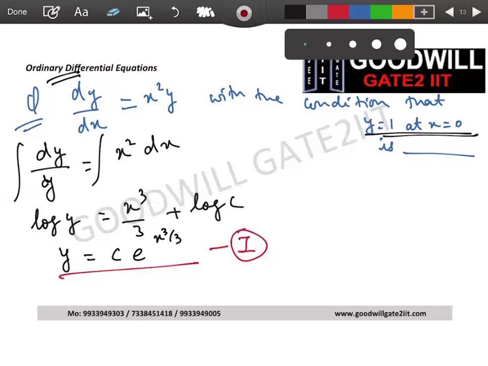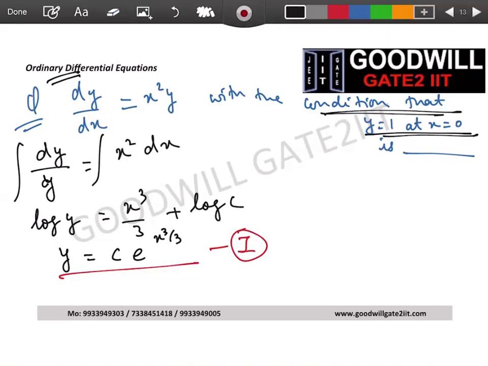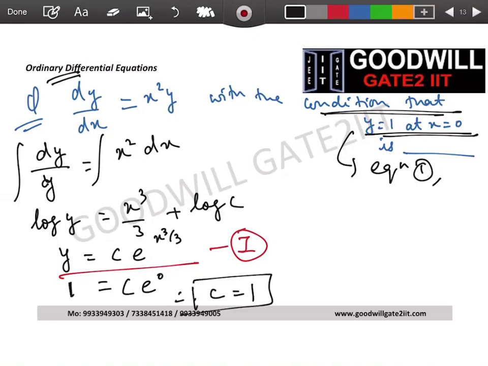Now here I have solved the differential equation, right? The second thing is that I'm given a condition that y equals 1 at x equal to 0. So using this condition in equation 1, what will I get? y is equal to 1 when x is equal to 0, e to the power 0. So again, we got c equal to 1, right?